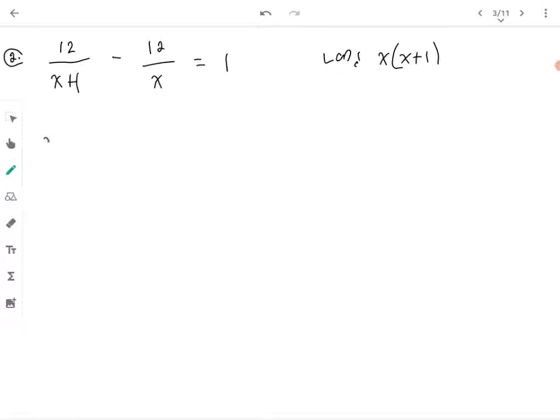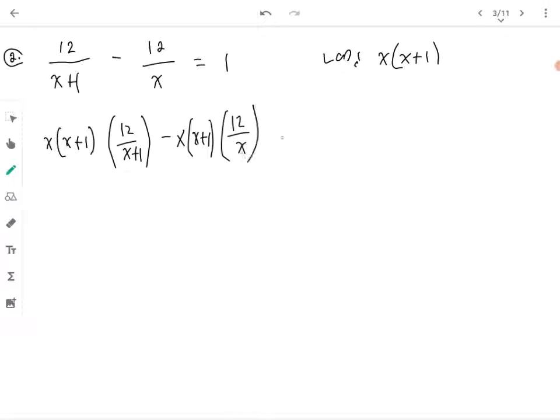So we have x times x plus 1 times 12 over x plus 1, minus x times x plus 1 times 12 over x, equals 1 times x times x plus 1. By division, this becomes 1, so we are left with 12x.